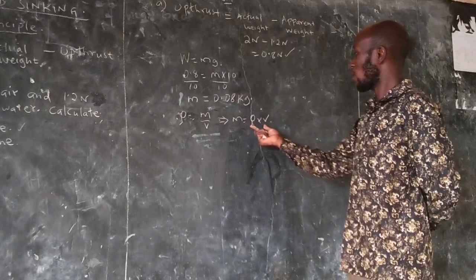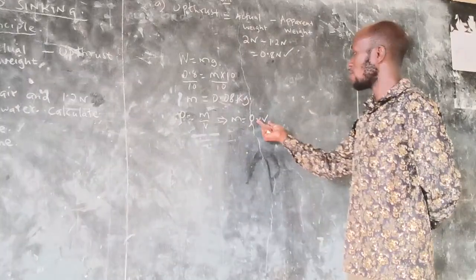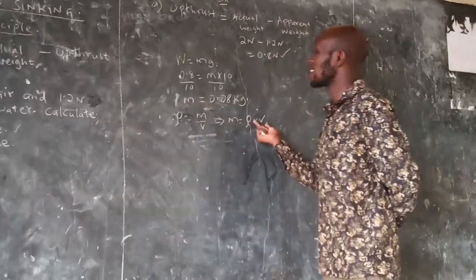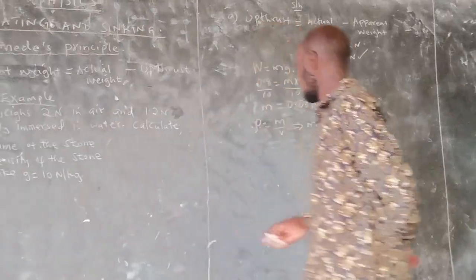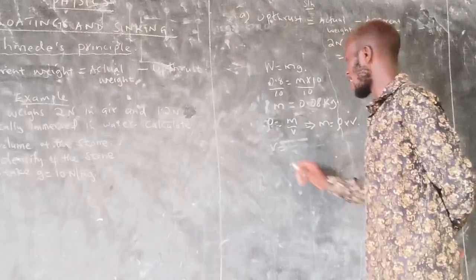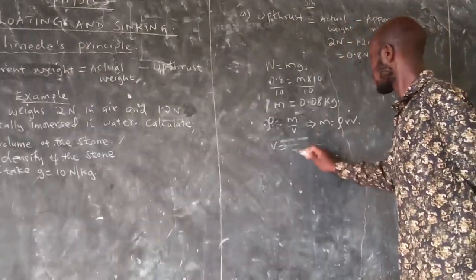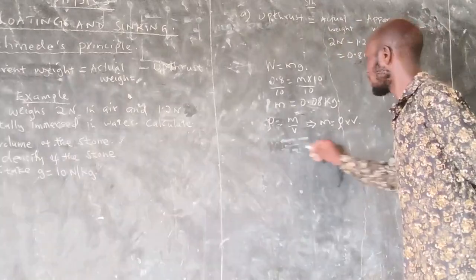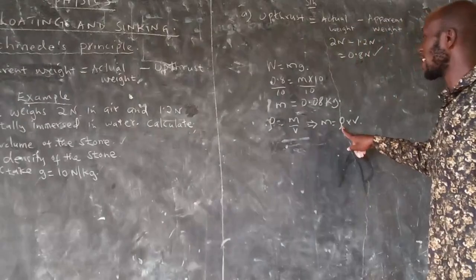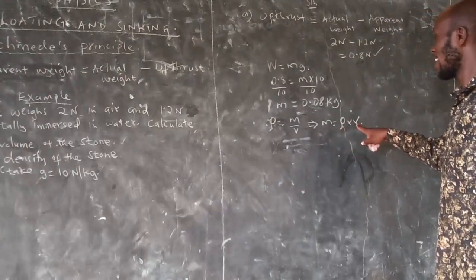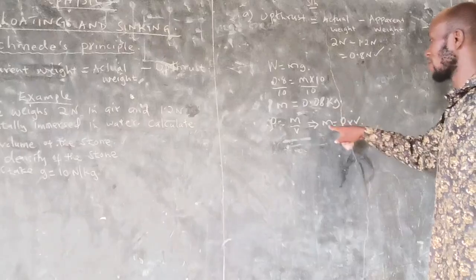Then we need the volume of the fluid that is displaced. We know that we have water here. We know the density of water. Then we can get volume here because we have mass.